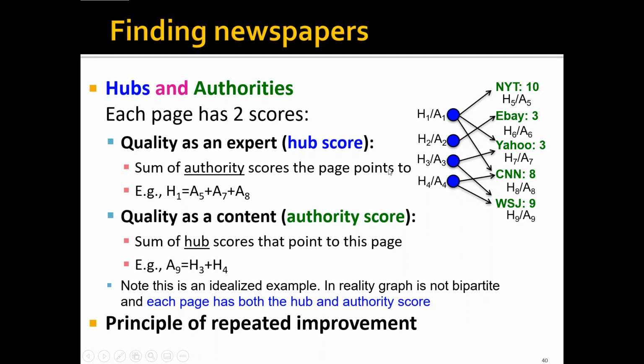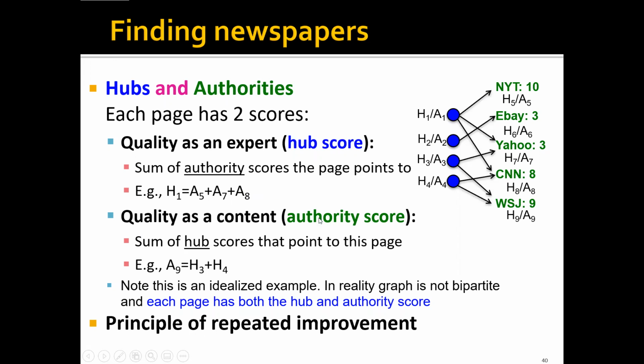For example, let's say that we have this graph of 9 nodes, with 5 authority nodes and 4 hub nodes. The hub score of the first node would just be the sum of the authority scores of node 5, node 7, and node 8. So basically, the hub score H1 is equal to A5 plus A7 plus A8.